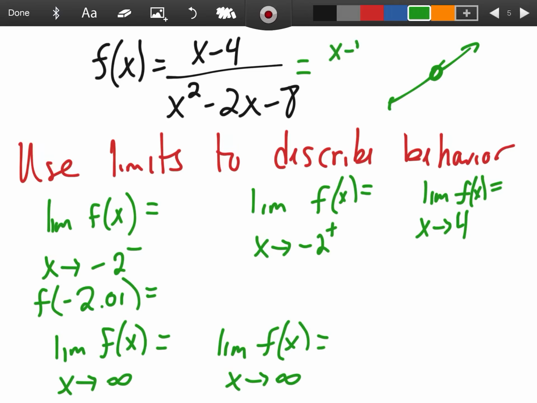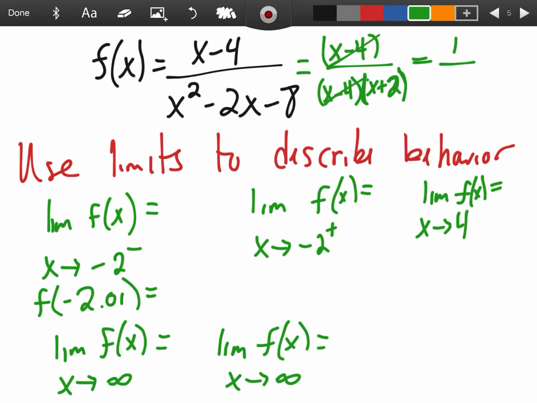It's easiest when we look at the factored form: x minus 4 over x minus 4 times x plus 2. You can either look at it factored out like this, or cross off those x minus 4s, because the graph is going to look exactly the same as 1 over x plus 2, except for that removable discontinuity.